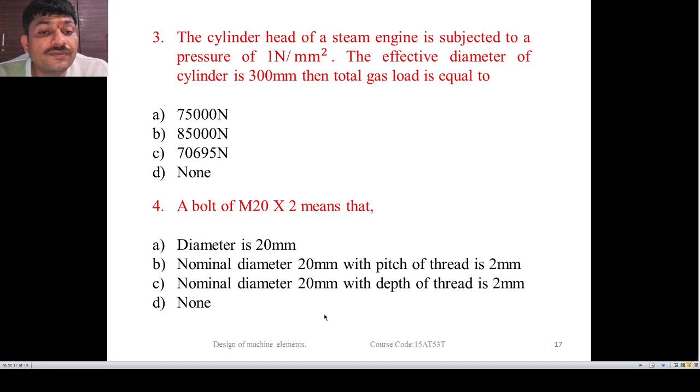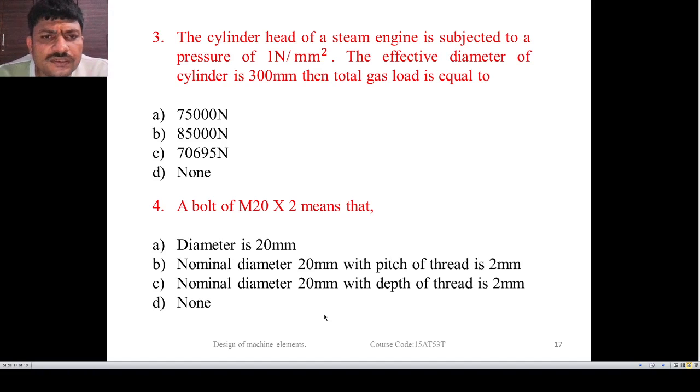If the screw designation has the letter M followed by a number, that indicates the nominal diameter of the bolt. If there are no other values, say there is only M20, its meaning is the nominal diameter of that bolt is 20 mm. But here there is an 'into 2', which means another designation is there.